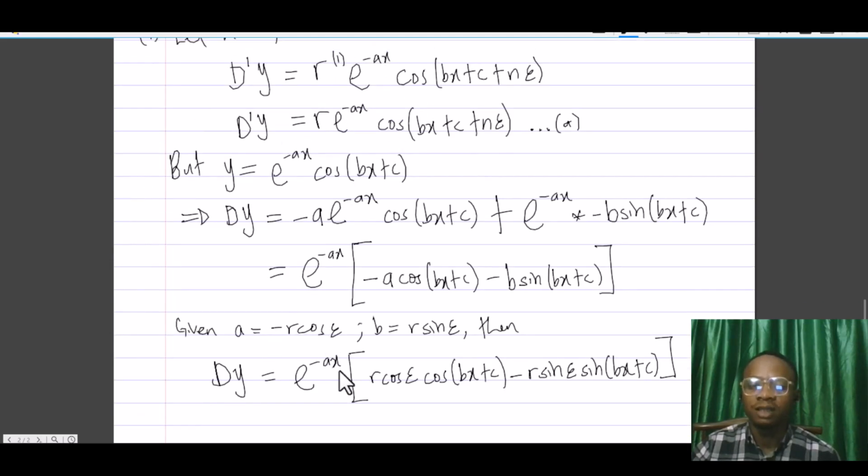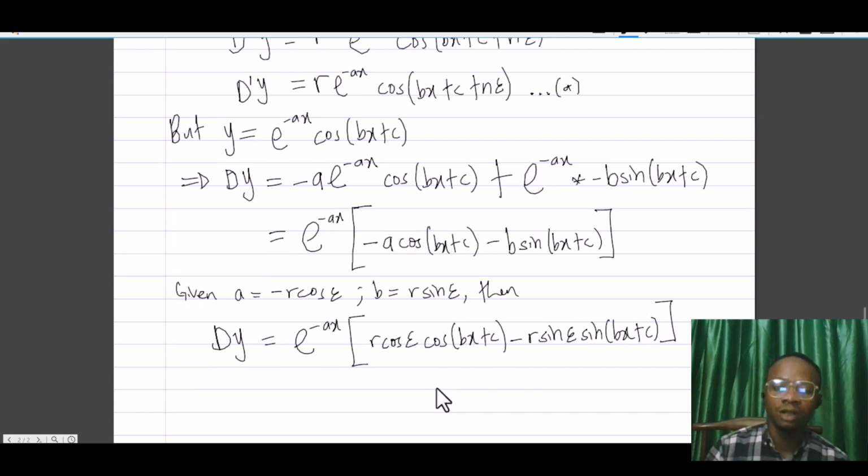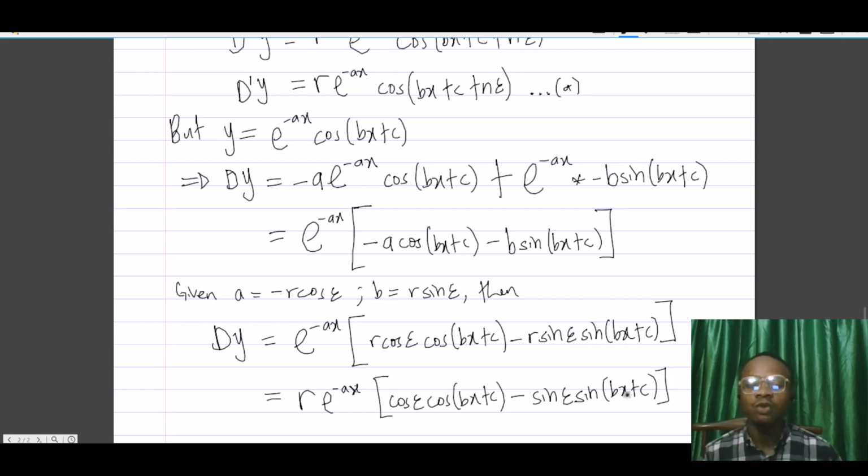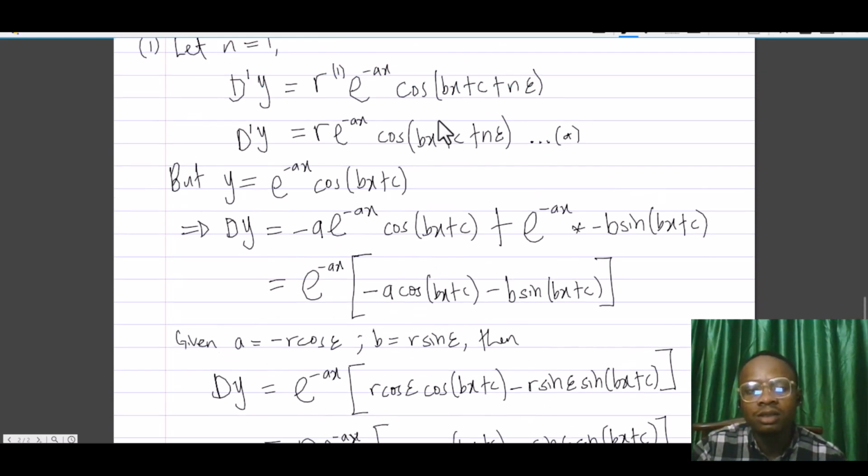So moving out r, we will have r into e to the power of minus ax, then into cos epsilon cos bx plus c, then minus sine epsilon sine bx plus c. That's what we have inside. Now comparing this to this.